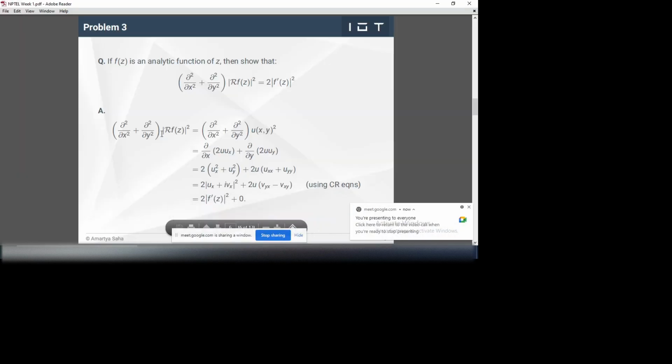Okay, so let us start. The first step is, as I said, u(x,y), and from this step we will be using the chain rule. Del x squared means we have to take the derivative twice with respect to x. First consider the first term.